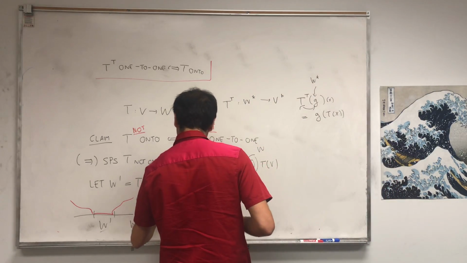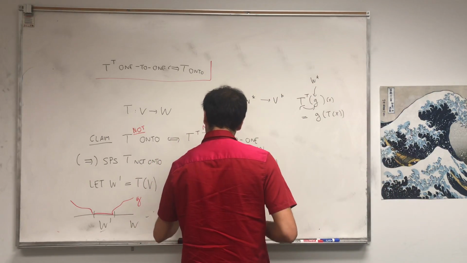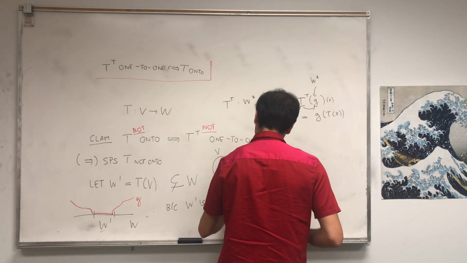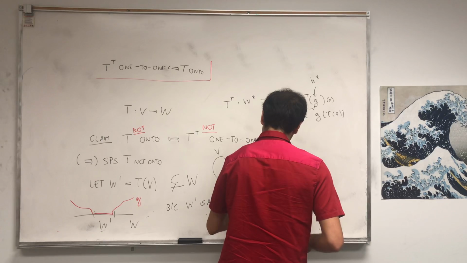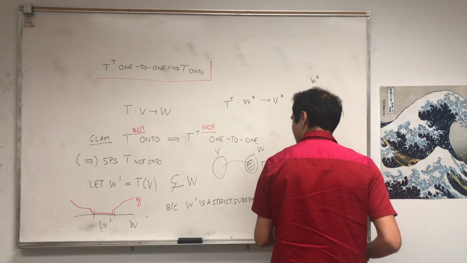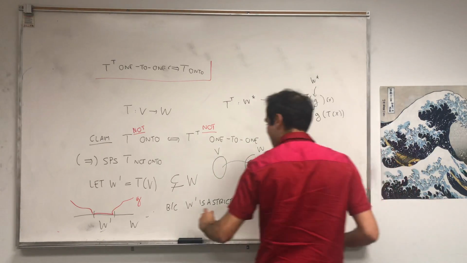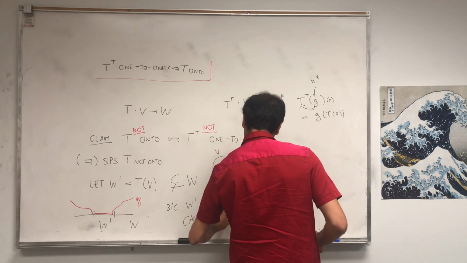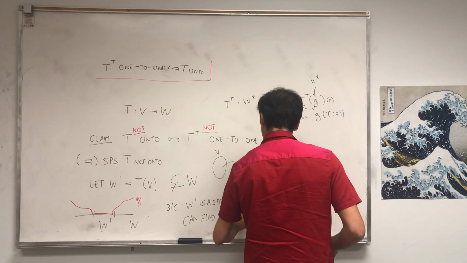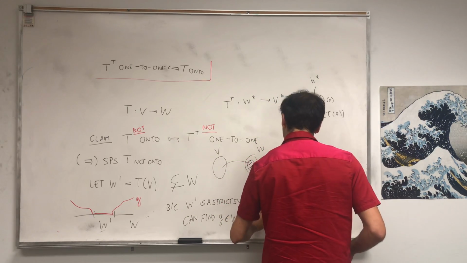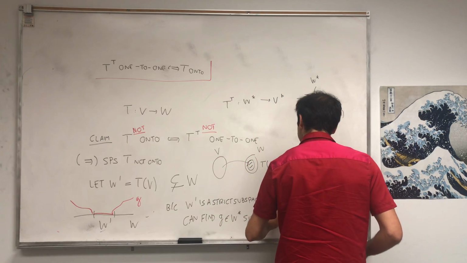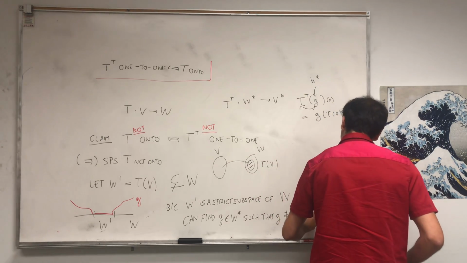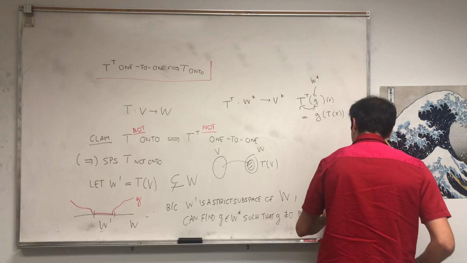So because W prime is a strict subspace of W, we can find G in W star such that, again, G is not the 0 functional, but G equals 0 on W prime.